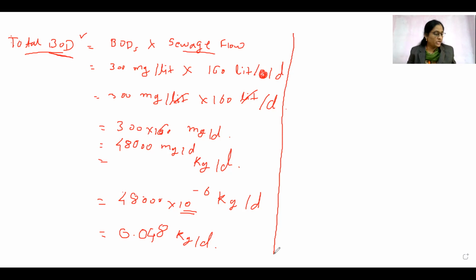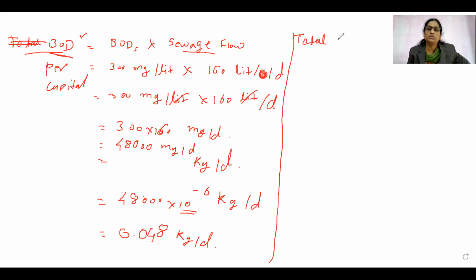Okay. Now what is the next? Sorry, this is BOD per capita. It is a per capita BOD we have calculated. Now you can find out the total load of BOD.